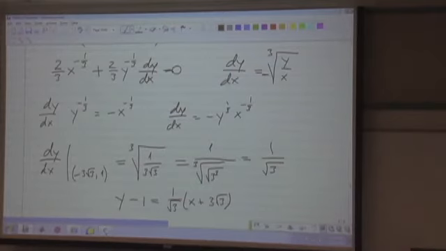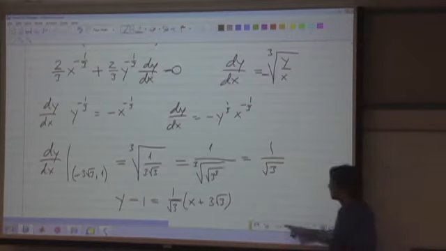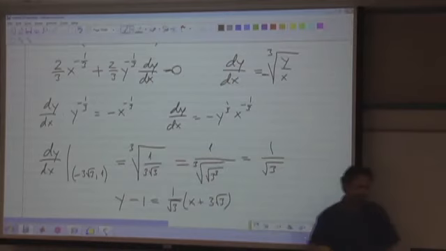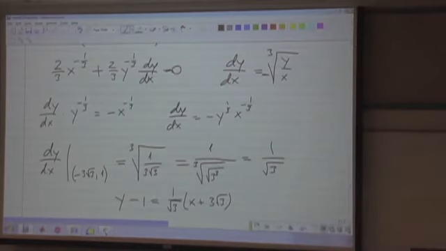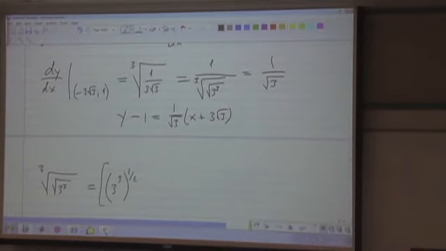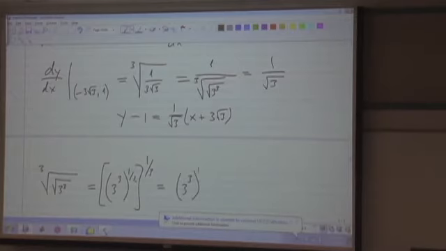Is this making sense? Or are you still stuck on this from here to here? Well, keep in mind, the cube root of the square root of 3 to the third is the same thing as 3 to the third to the 1/2 all to the 1/3, which is the same thing as 3 to the third to 1/3 all to 1/2.